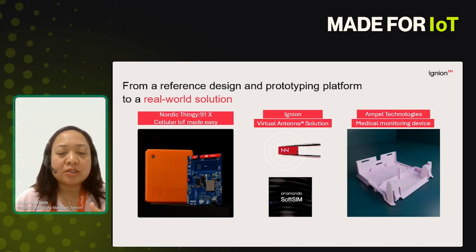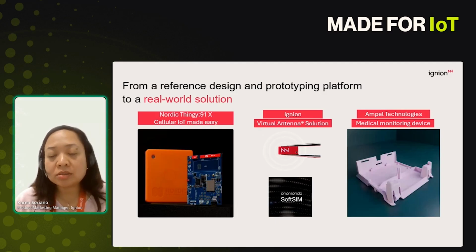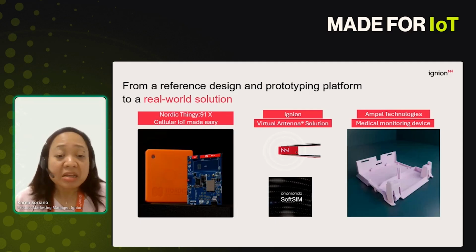One of the interesting things here is that this project spans several layers that are sometimes or often treated separately. You have the platform, you have the antenna, connectivity, and the application. I'd like to ask the panel, what do you see as the biggest advantages of an integrated approach, such as the Thingy 91X, or in general, when solving end customer challenges, such as designing a low power IoT device?